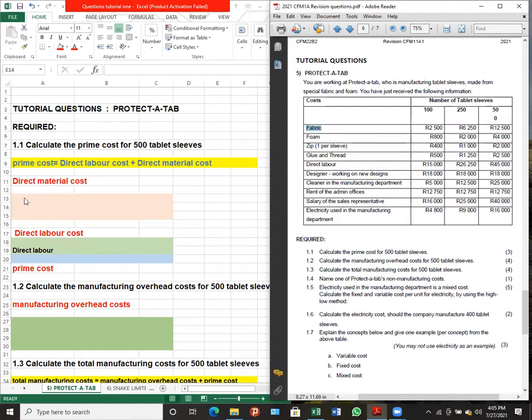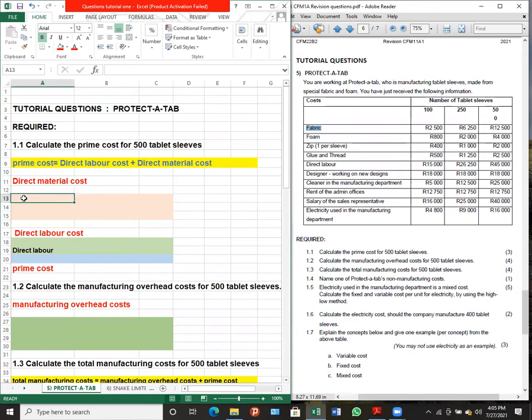We have a fabric, which is our direct material or raw material.